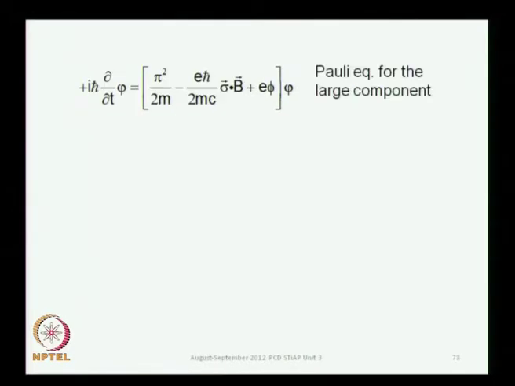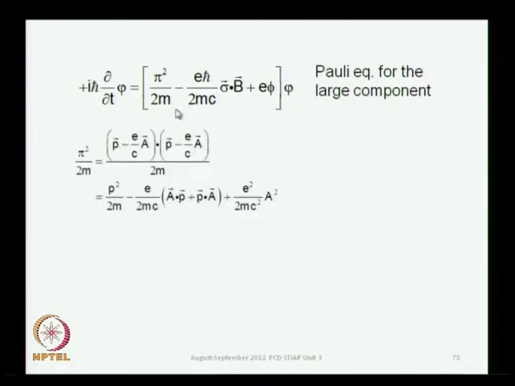Now, let us examine this a little bit further. This is the Pauli equation. We also have to look at this operator pi square, which is the inner product of these two operators. This pi is the generalized momentum, it includes the vector potential. Once again you can throw away the A square over c square term, and then you are left with p square over 2m and this term in which the momentum is minus i h cross gradient.